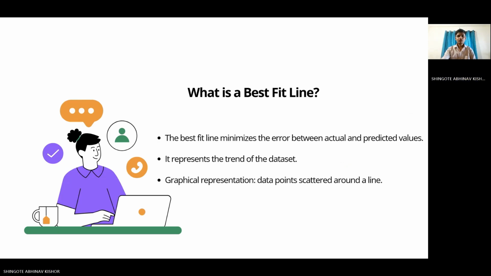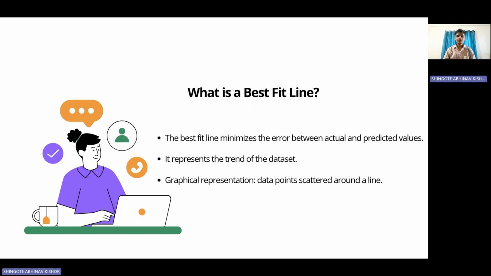What is the best fit line? A best fit line is the line that passes through the data in such a way that the total difference between the actual point and the predicted point is minimum. In the scatter plot, some points will be above the line and some below it. But overall, this line captures the trend of the data.